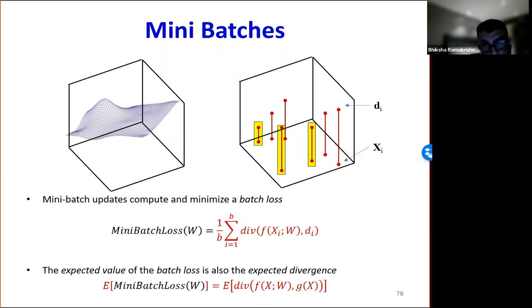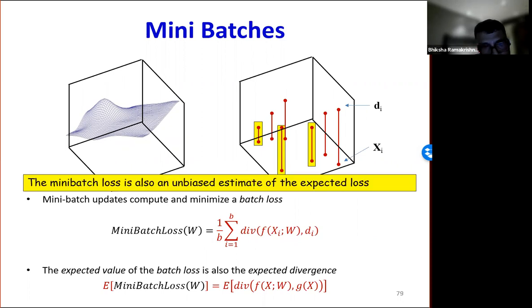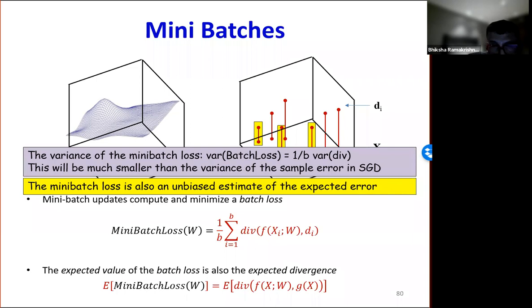But this was also true for SGD, so that's not the big win. The mini batch loss is an unbiased estimate of the expected divergence, which is the true objective function. On average, it's going to be the true objective function. But then the variance is going to be the variance of the divergence itself divided by B.